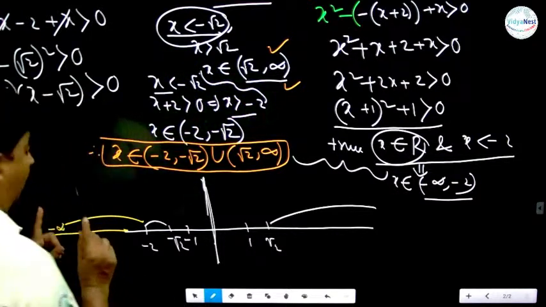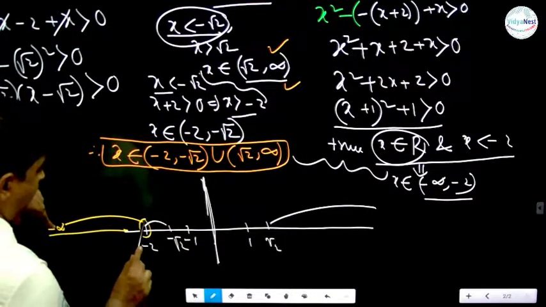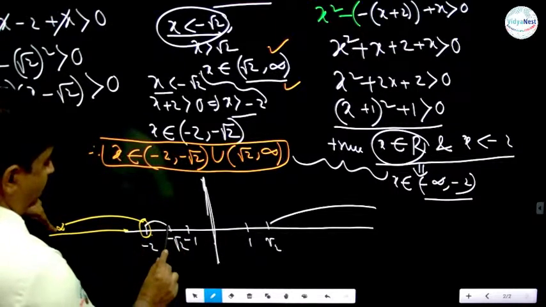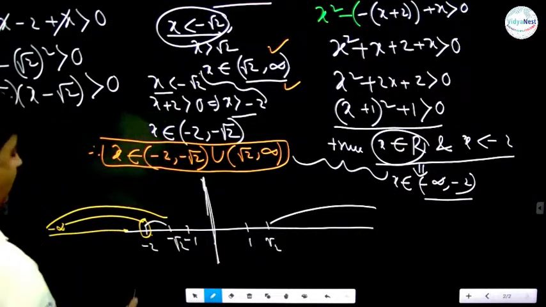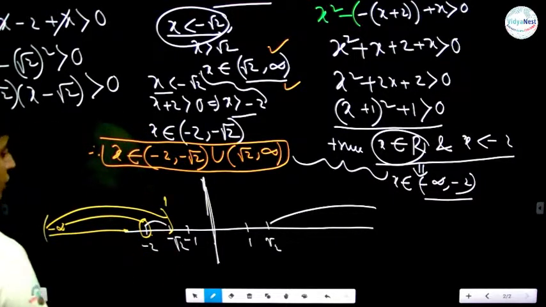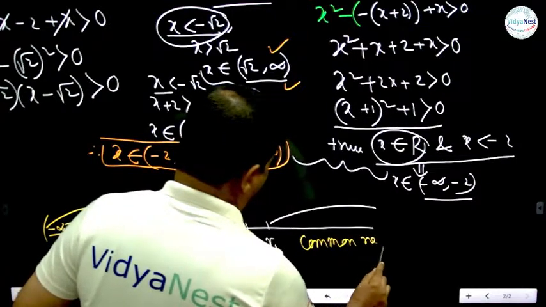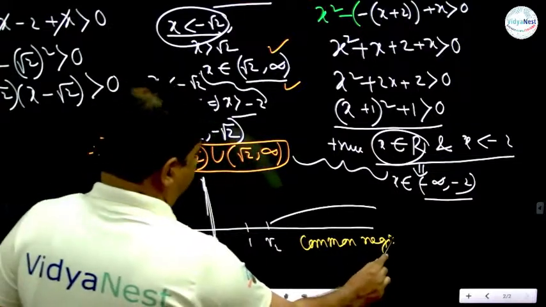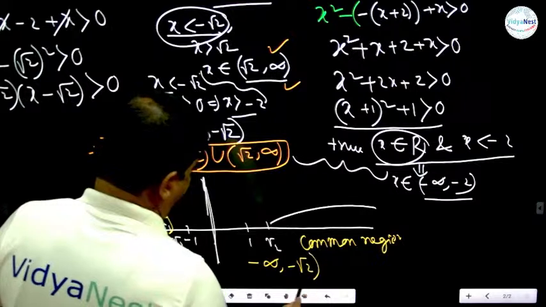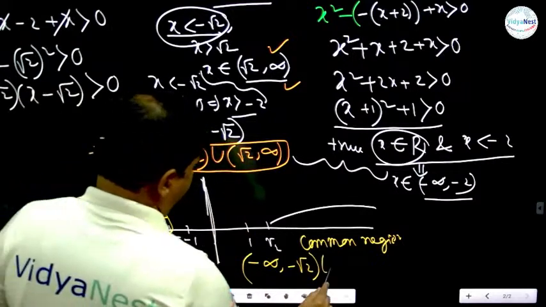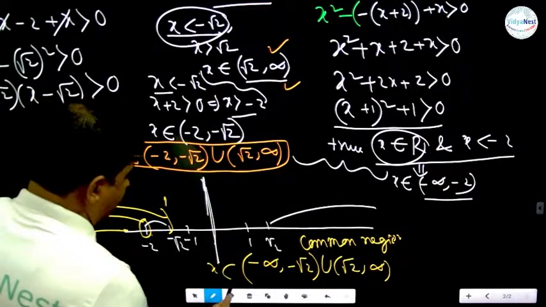See, you observe carefully. Here -infinity to -2 and -2 to -√2. So whole -√2 to infinity is included. Understand? So common region, देखो, -infinity to -√2 union √2 to infinity, where x belongs to.